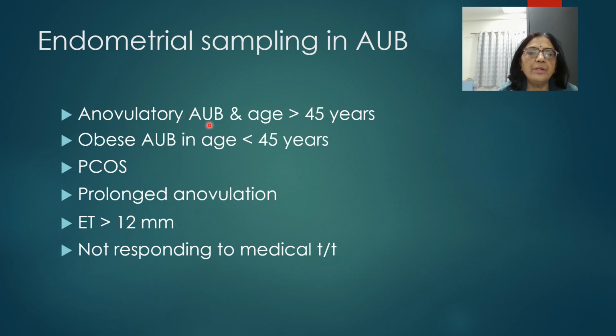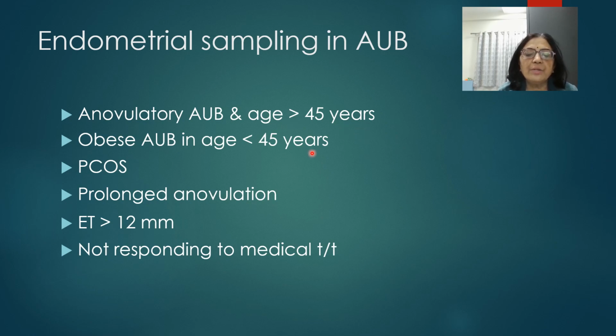Especially if there is an anovulatory AUB and age is more than 45 years, then all the guidelines, say ACOG, RCOG, or even the FOGSI guideline, are recommending to proceed with endometrial sampling in these patients when there is irregular, infrequent bleeding, heavy menstrual bleeding, prolonged bleeding, which is suggestive of anovulation, and the patient's age is more than 45 years.